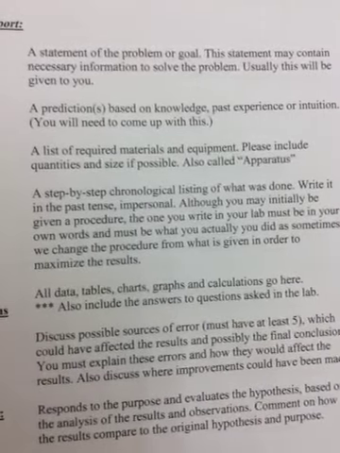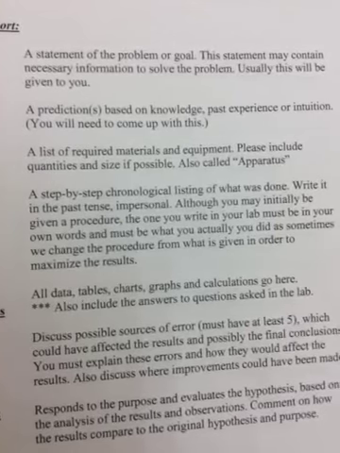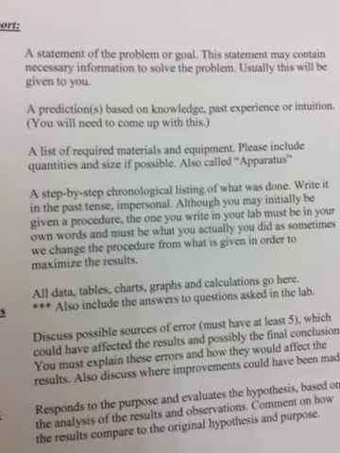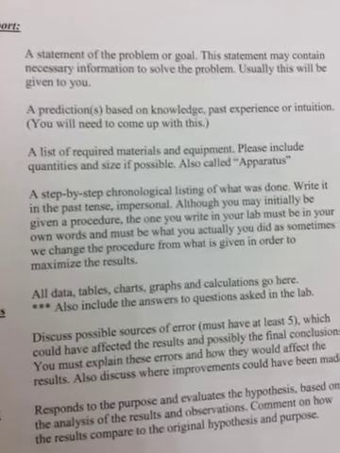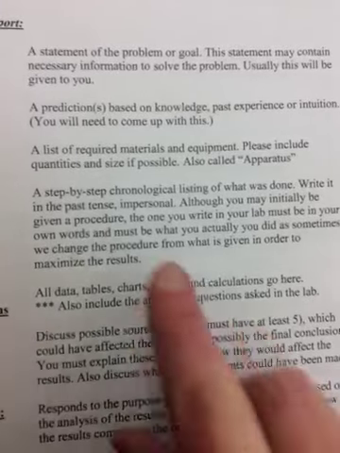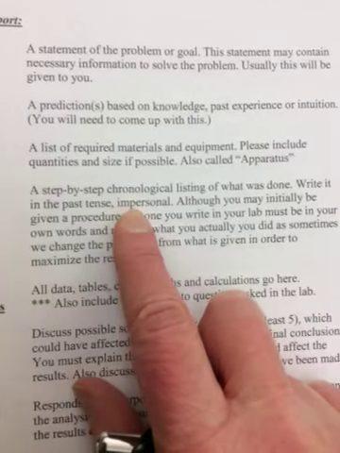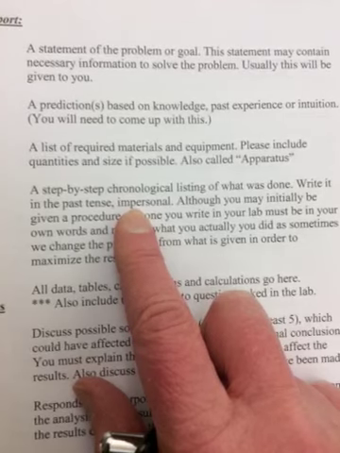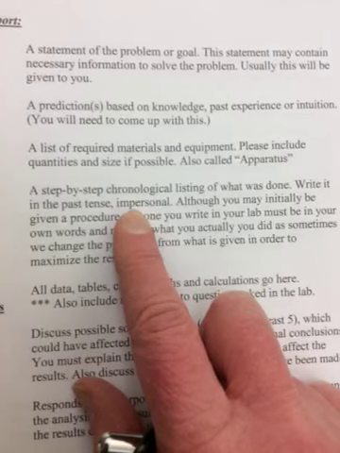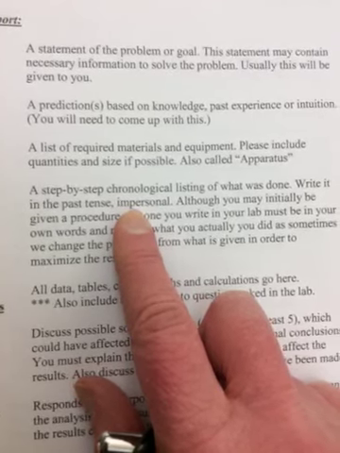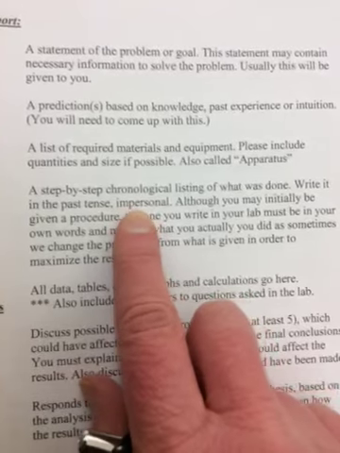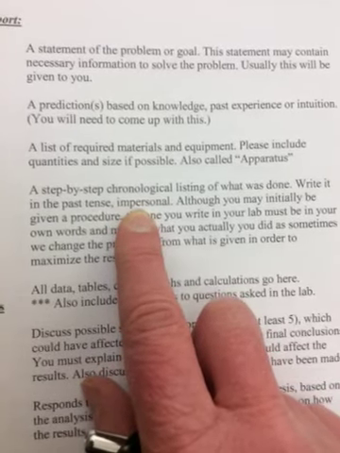So what did you do? You would say all the materials were gathered. You would not say we gathered all the materials because that would not be impersonal. So impersonal means you can't say I, we, my partner, David, Jessica. You can't say any names or refer to any names.